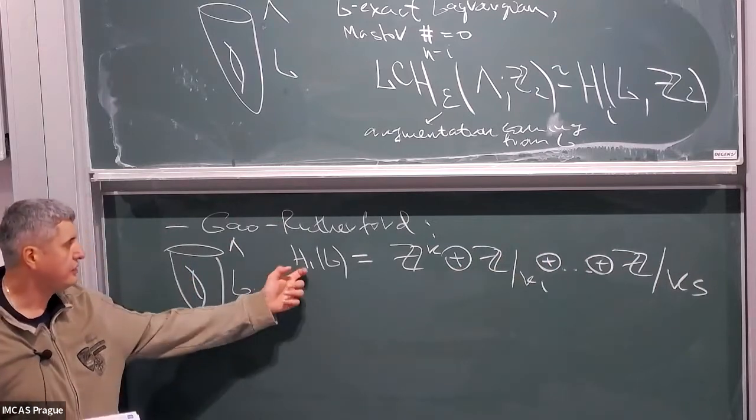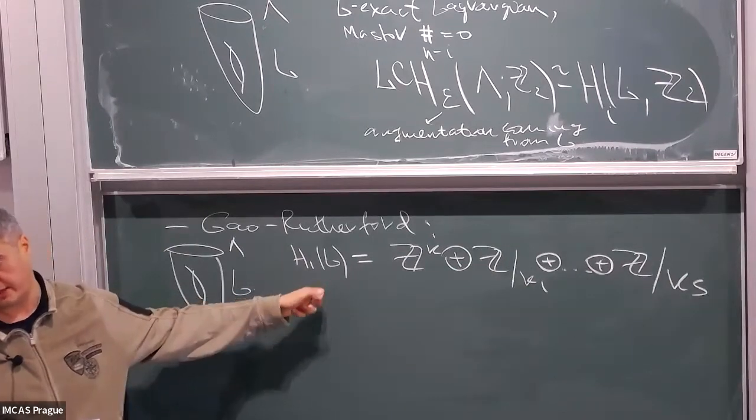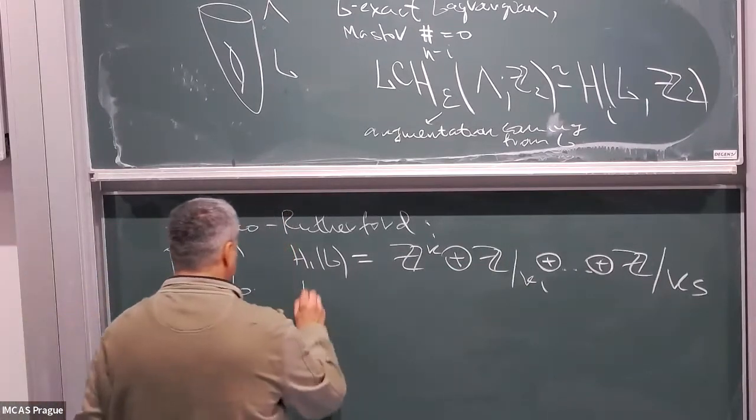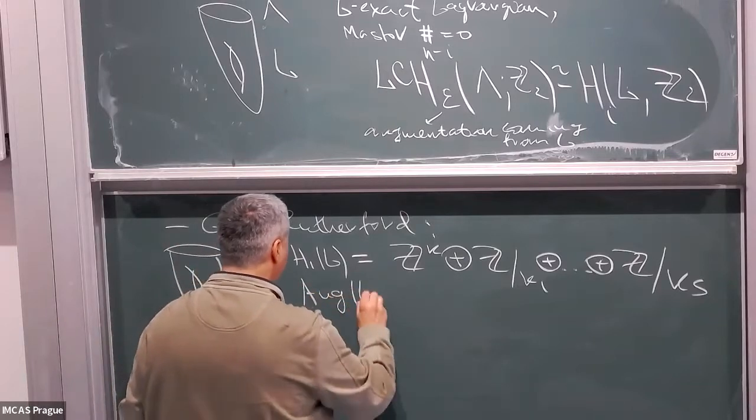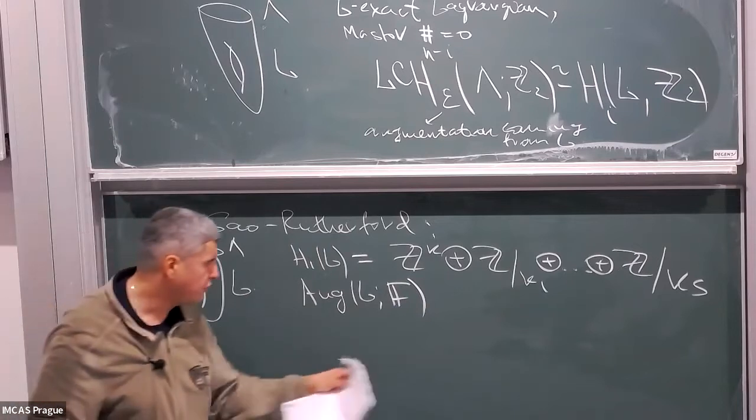Now we can relate to this L and to this H1 of L some algebraic variety. So we can define the so-called augmentation variety Aug(L, F), where F is a field, let's say algebraically closed.